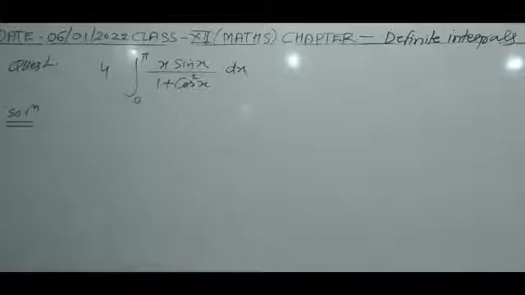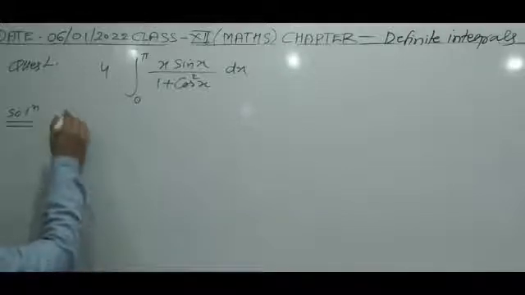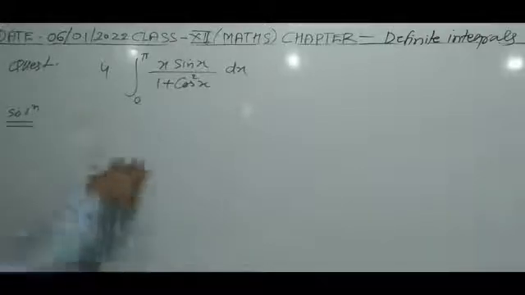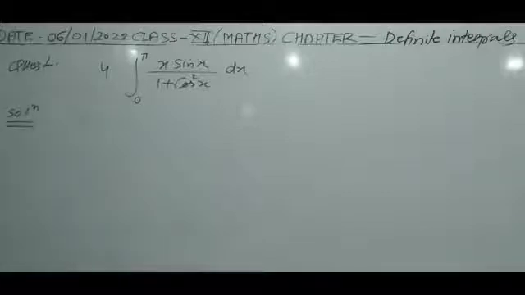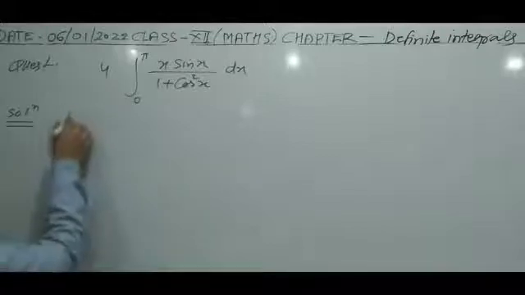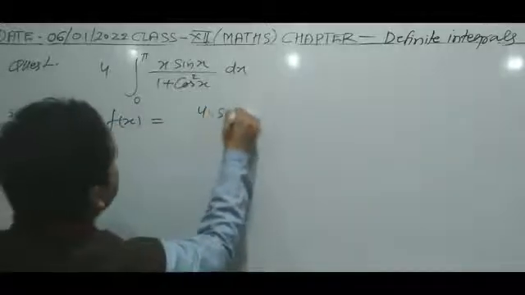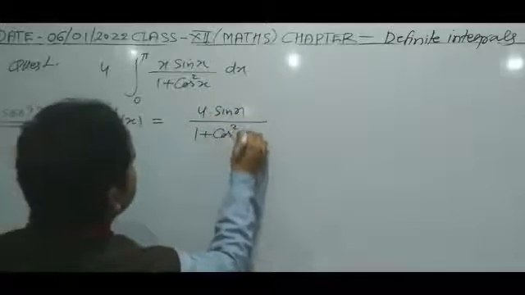So what can we write for this function? See, given I is equal to, now we are going to consider let f of x is equal to 4x sin x upon 1 plus cos square x.